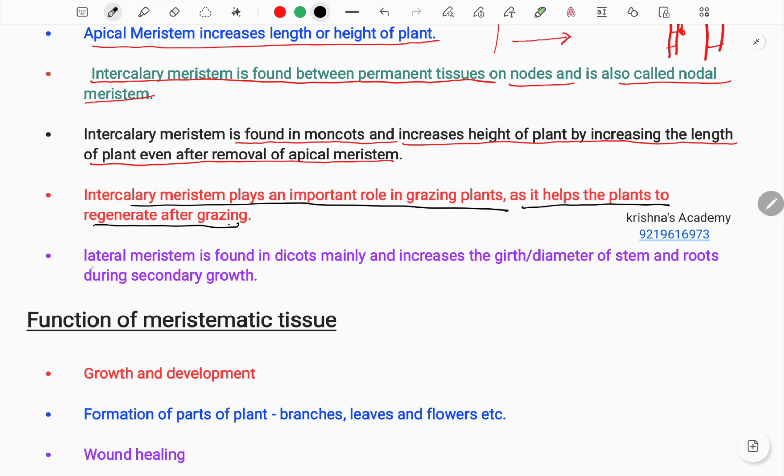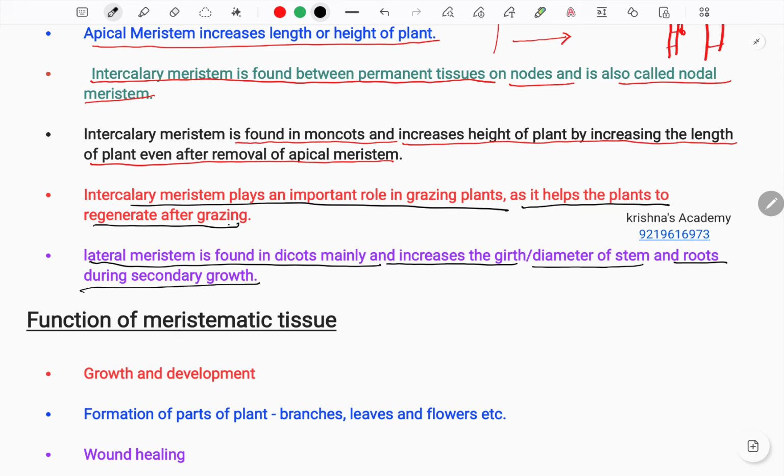Now, lateral meristem is found mainly in dicots and increases the girth or diameter of the stem and the roots during the secondary growth. This is the main property of the lateral meristem. During the primary growth, the size of the vascular bundle increases.